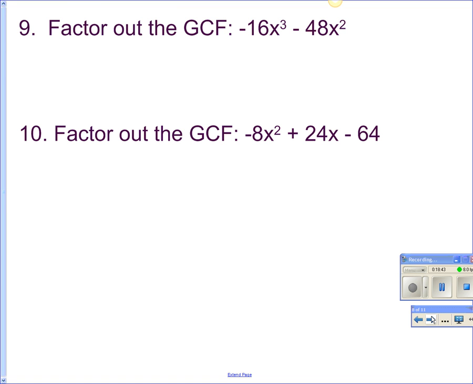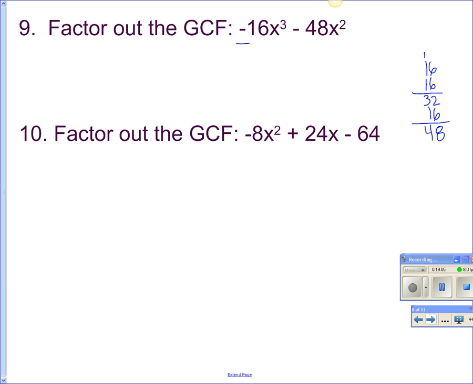That's a good place to check. Will 16 go into 16? Will 16 go into 48? So let's see. 16 and 16, I get 32. Add another 16. So how many 16s make a 48? 3. So this is always a good place to check.